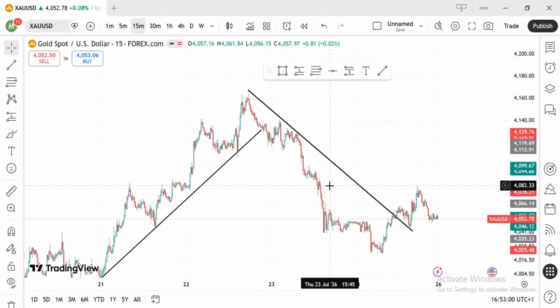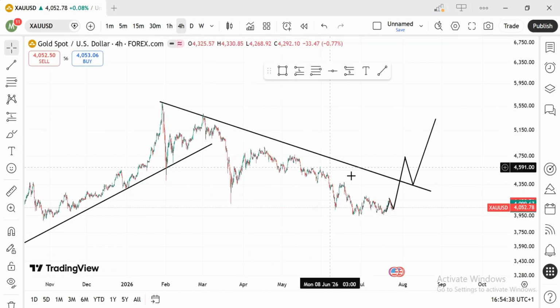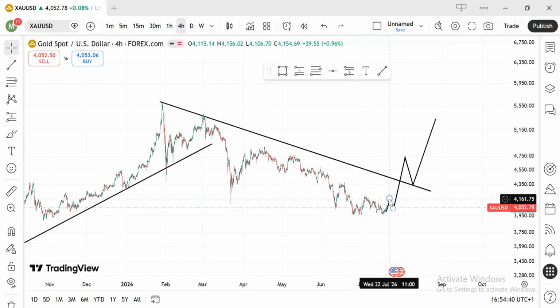The reason I said we are in a pullback phase is because if you come back to the 4-hour time frame, you are going to see that at this point we are having a pullback to test the 4-hour trend line. It's going to break out or it's going to touch it and continue the bearish trend.